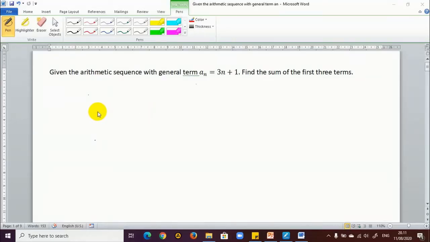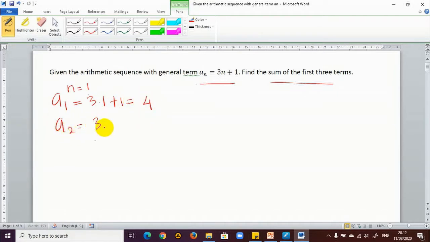Now, okay everyone, we have a question: given an arithmetic sequence with the general term Un equal 3n plus 1, find the sum of the first three terms. So from here, we need to find the first term. The first term means n is equal to 1, right? So you can substitute n equal 1 into 3 times 1 plus 1, which is 4. And then the second term is 3 times 2 plus 1, so it's 7.